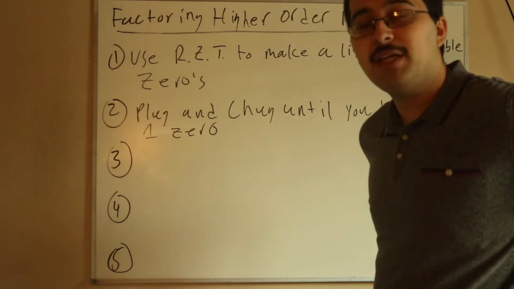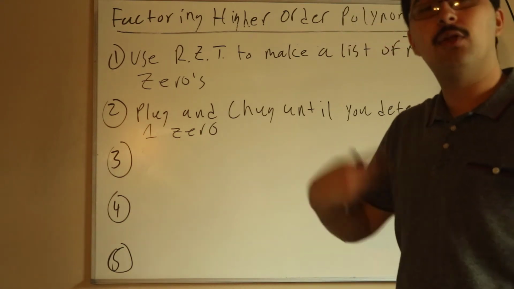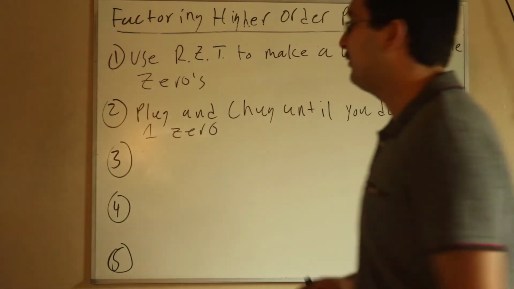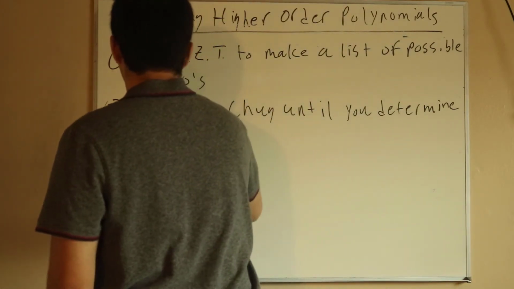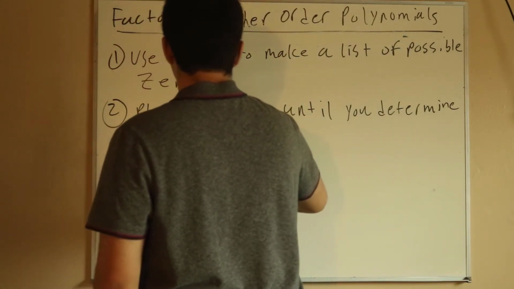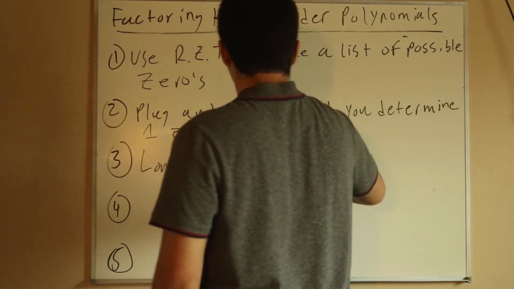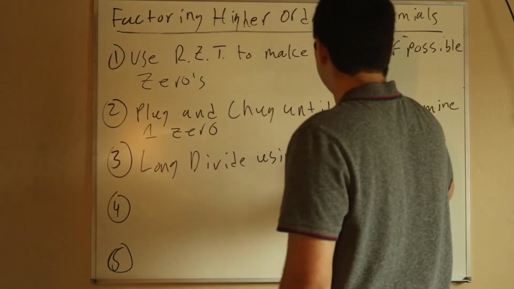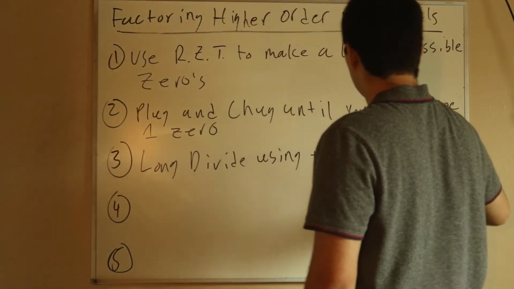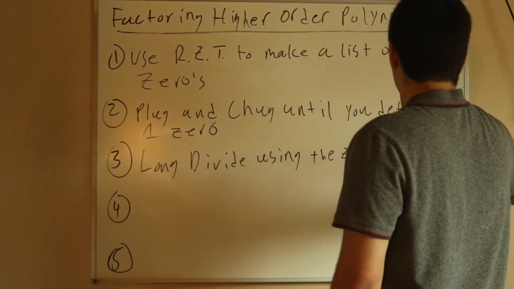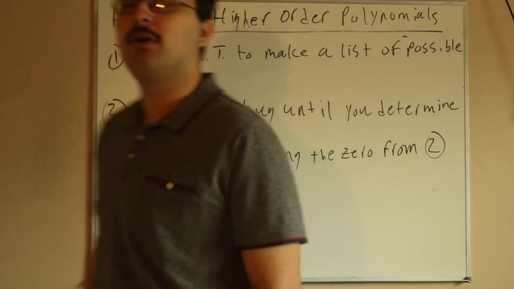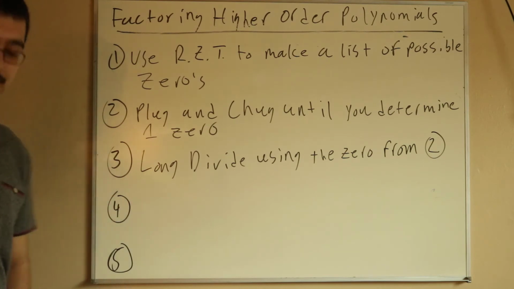And step 3 is just going to be long divide, long divide using the zero we found from step 2.